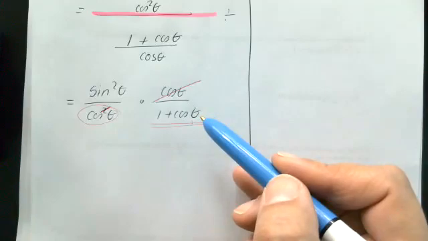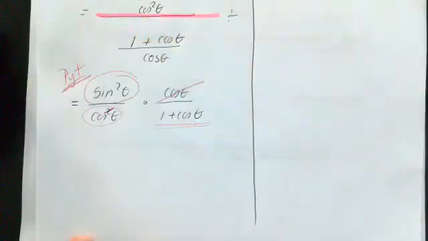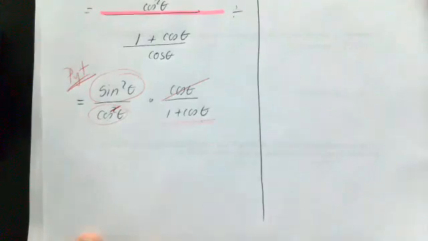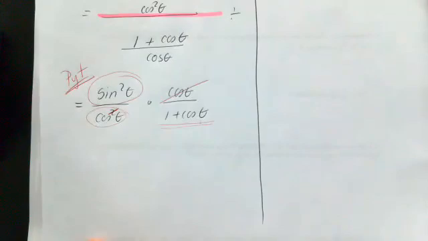How can I get there? Well, sine squared theta, I can write it using the Pythagorean identities, one of the other ones we derived from the main one, in terms of cosine. Okay, and that's going to create a difference of squares. Every time you have 1 minus a squared of something, that's a difference of squares because 1 is a squared number. So that's what we're going to do in the next step.